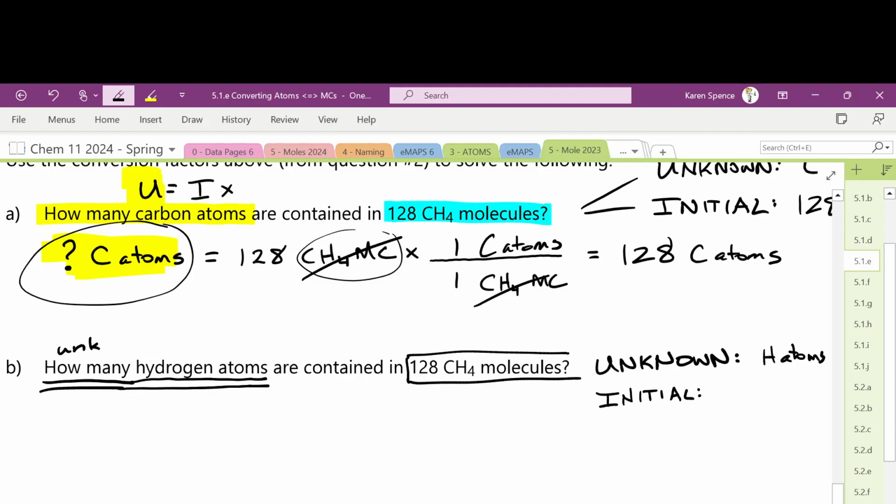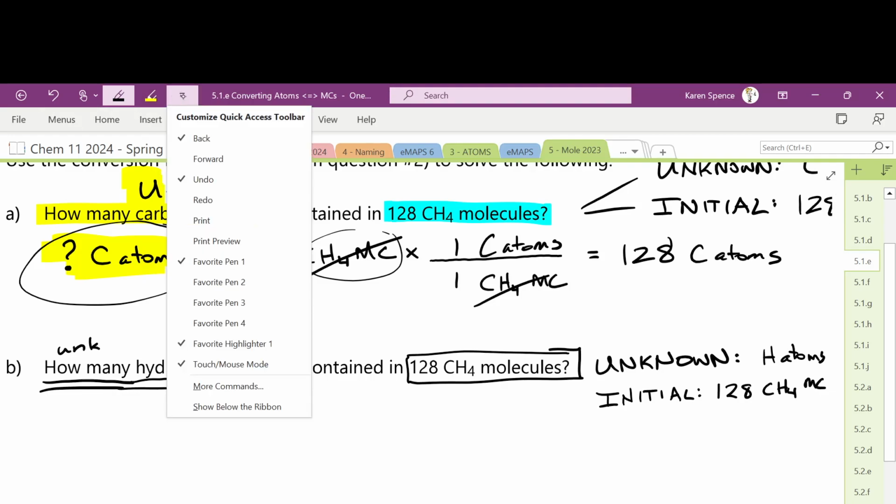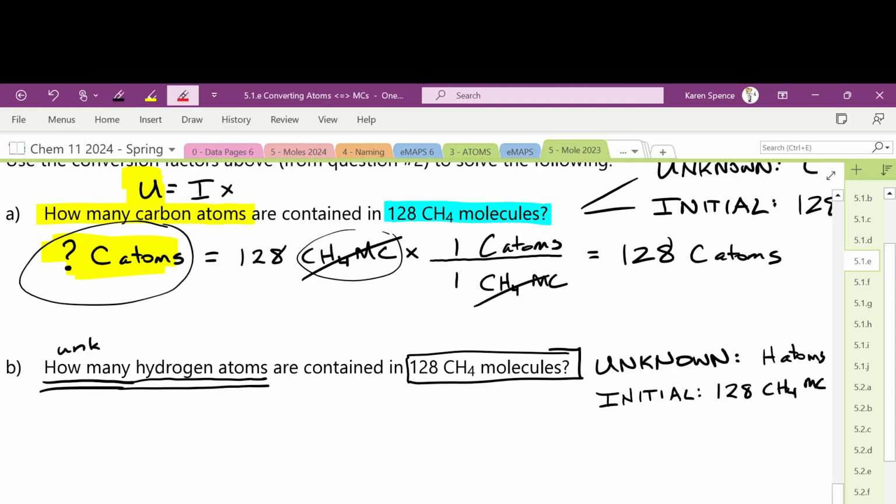We're given 128 CH4 molecules. And don't forget, our unknown is equal to our initial times our conversion factor. So you're going to write down your unknown, which is I don't know how many H atoms.